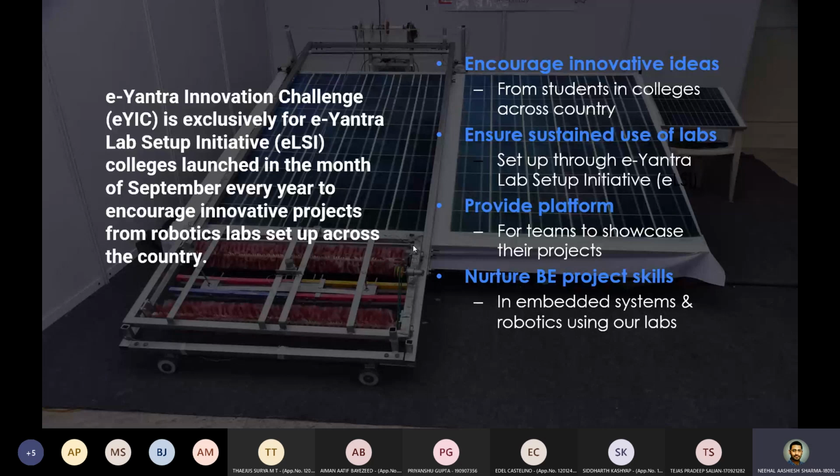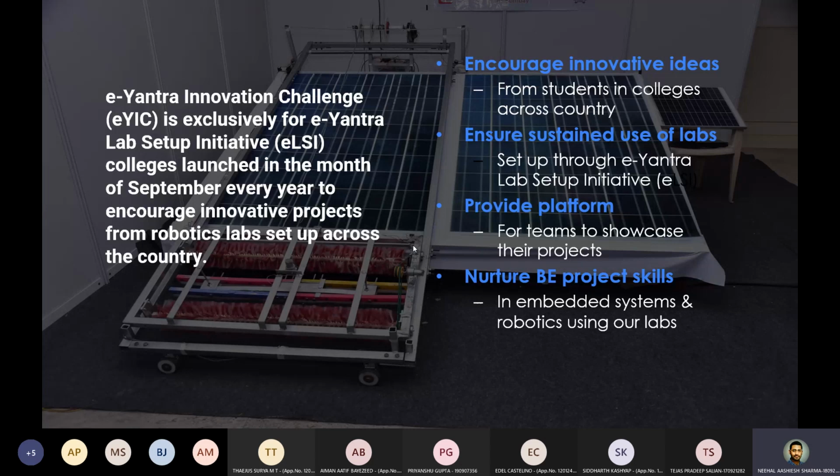Manipal being an ELSI college can participate in this challenge along with any other colleges that also have ELSI labs. And the faculty head for the ELSI lab is Mr. Vikant Dadi, and the eYIC is essentially a faculty with student initiative where a faculty and a student or multiple students come together to propose an idea to tackle some problem statement that is being provided for this challenge.